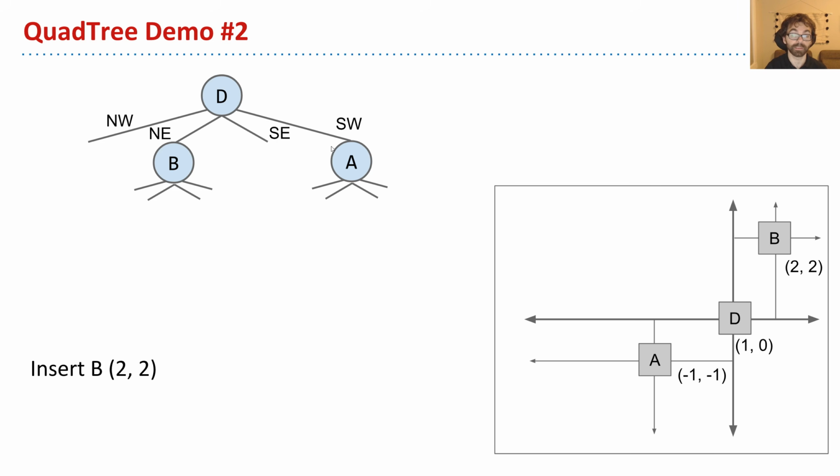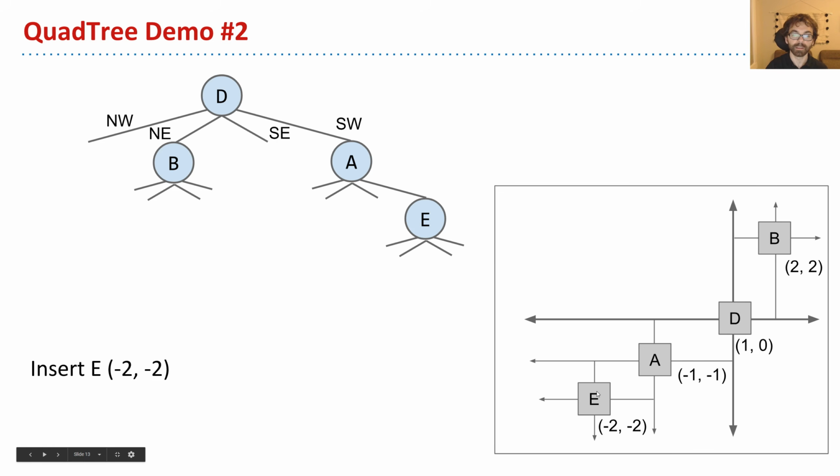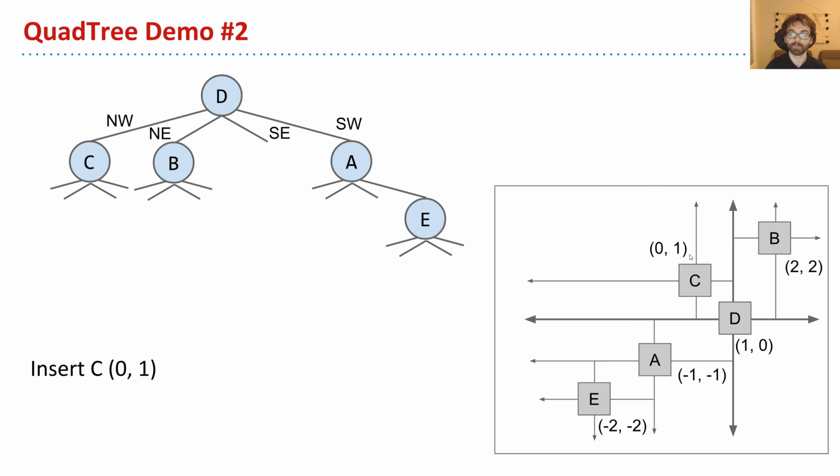We'll end up with a slightly bushier looking tree. Next, if we insert E at -2, -2, well, in that case, -2, -2 is to the southwest of D. That's already taken by A. So then we go southwest of A and end up putting in E. And then lastly, if I insert C at 0, 1, well, it's going to be in this northwest position.